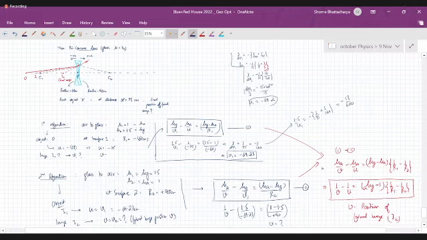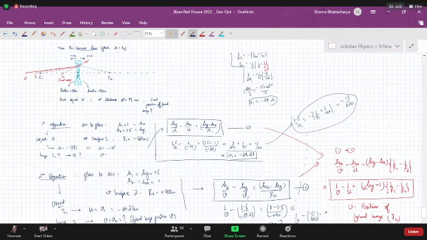So if you substitute that here, this becomes, from this we can find the position of the final image.